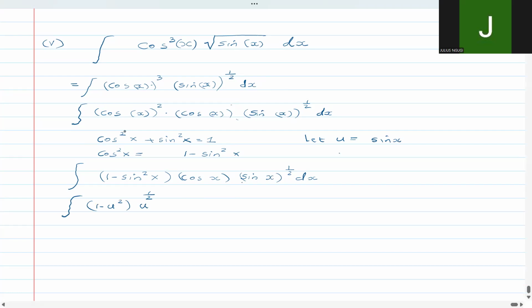If you do the derivative, you have du equals cosine of x dx. So that means du. And this now becomes, if we open the parentheses, u power half minus u power 5/2 with respect to u.